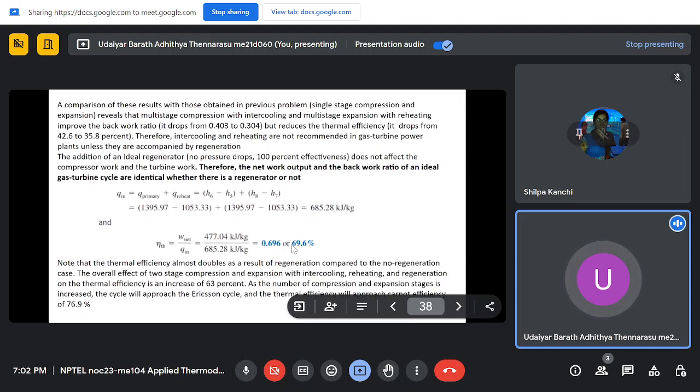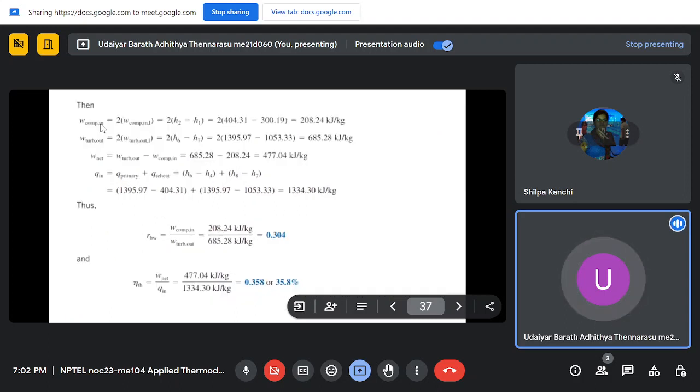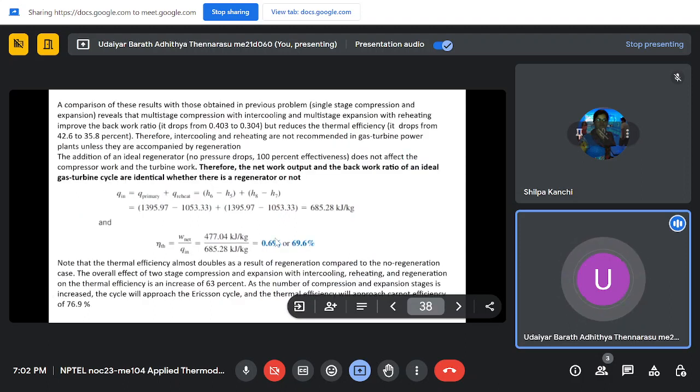So if you see, this is a larger increase. Previously for single stage it was 42.6%, and in the previous case, efficiency is close to 36%. Now it has gone up to 69.6%. So now we considered cycle efficiency for a two-stage compression.